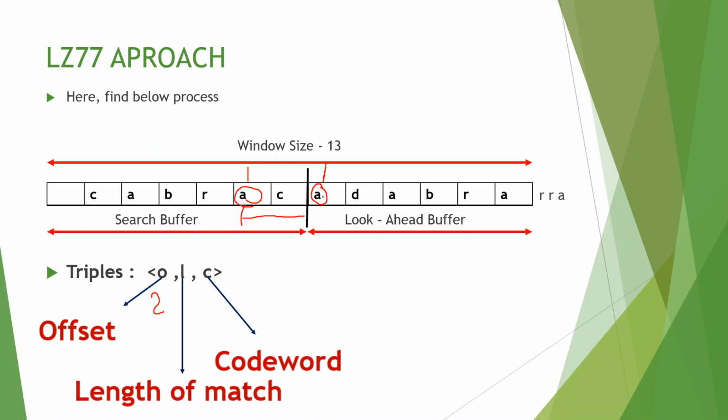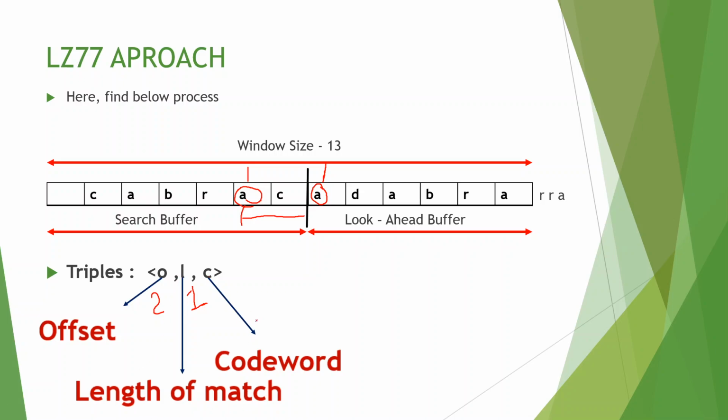Here A is matched with the A which is stored in the search buffer. So how many symbols match with the search buffer from the look ahead buffer? It's 1, only 1. So here we write 1 in place of the length of match.